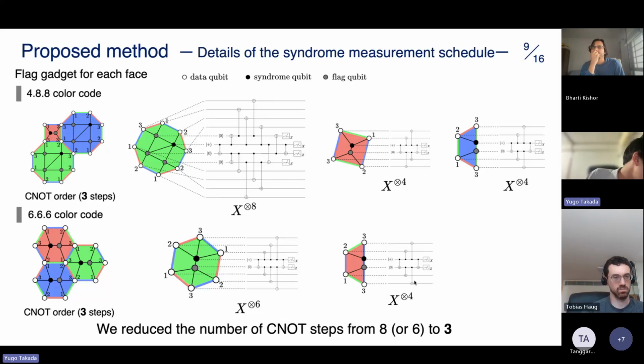So I think decoding for color codes is no longer a big problem, recently. Okay, thanks.